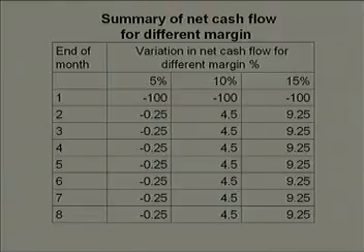When you are getting a margin of 10%, we have already explained you, and when the margin is increased to 15%, another set of cash flow diagram is there for each of the months. This you can make a note of it and try to cross check at your own end.